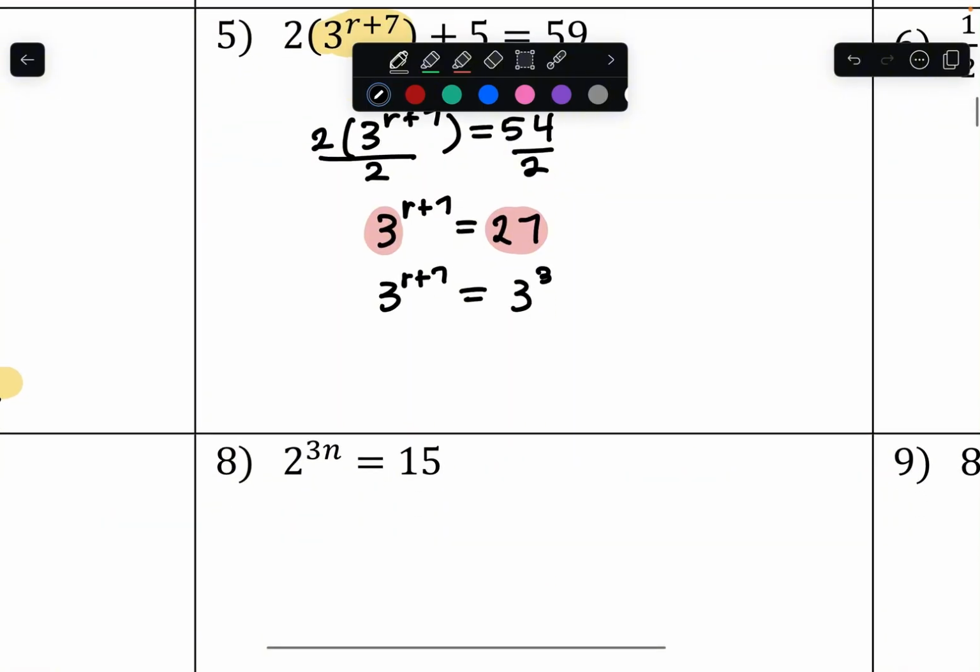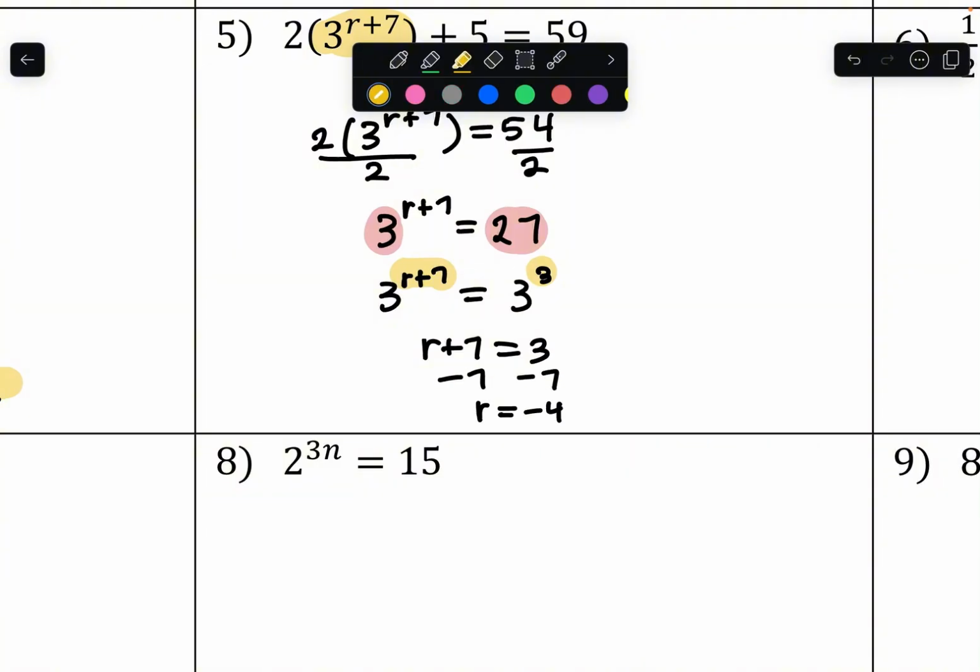Okay, and so now that my bases are the same, I can set the exponents equal to each other. So that means r plus 7 equals 3. Subtract 7, we get r equals negative 4.